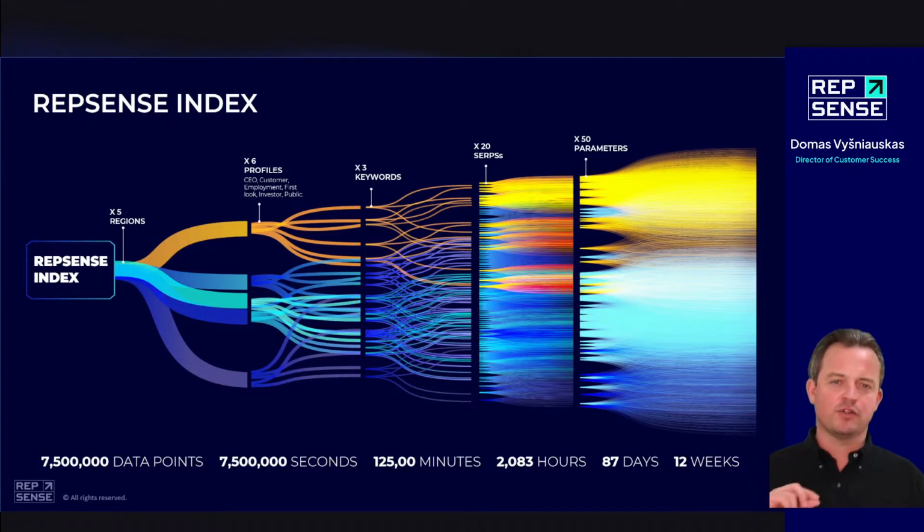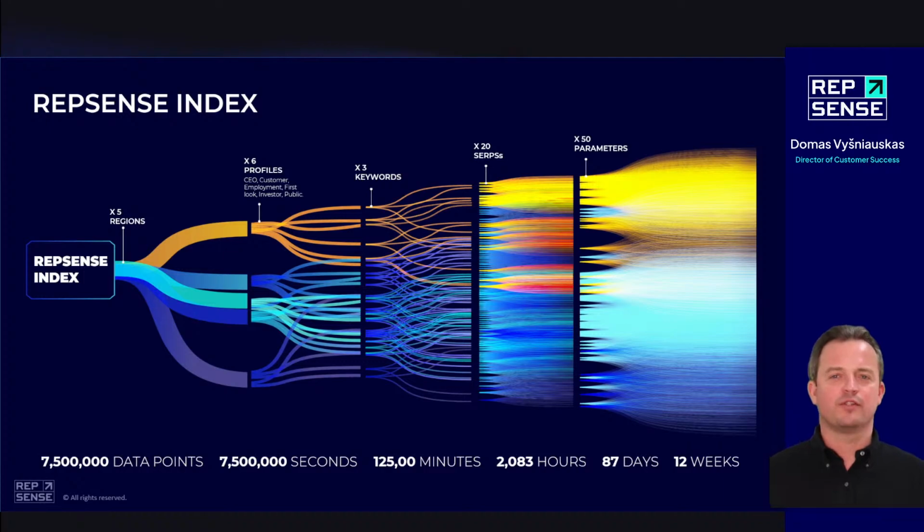And for those search results, we're going to be adding one of the 50 parameters that are important for us to track. For example, whether the brand or a company was mentioned in the title of an article, who is the author of the article, how a brand or a company or a CEO is mentioned in the content, what's the sentiment around that content, is it positive or negative, and also looking at the diversity of the search results.